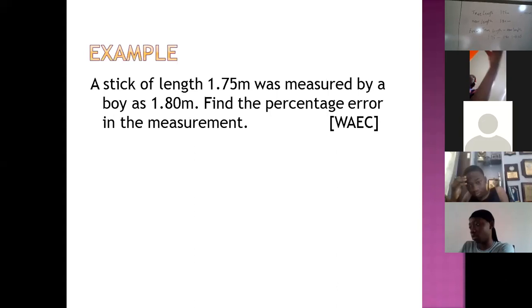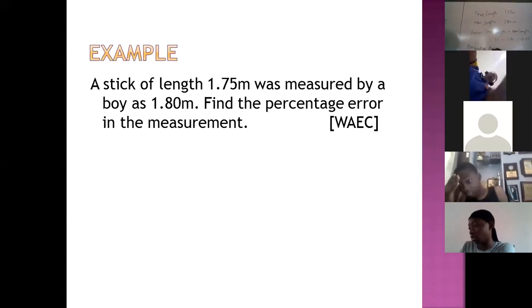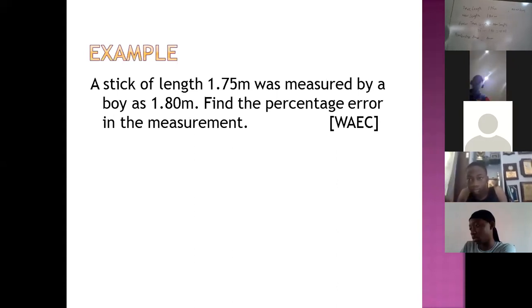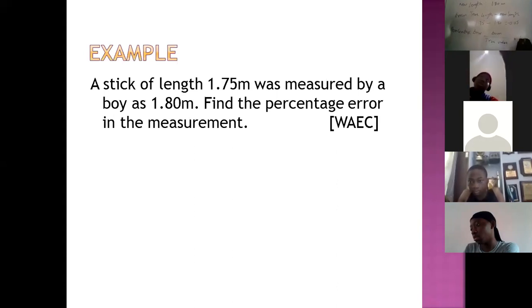Then we call our percentage error. Our percentage error is giving us error. There is always a mark for you putting the formula: error over the true value times 100%.